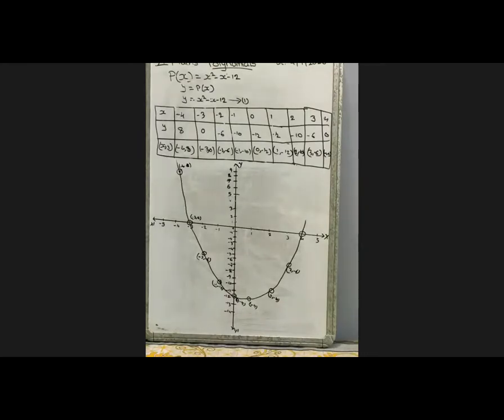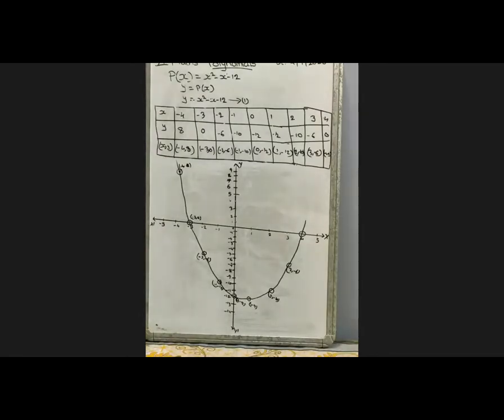So like that, if any problem is given, first we have to write down what is given, and after that write down x and y and take the values. Keep in mind one thing: if you take minus 3, minus 2, minus 1, 0, 1, 2, 3, that is no problem. If you take continuous values you will get the parabola.